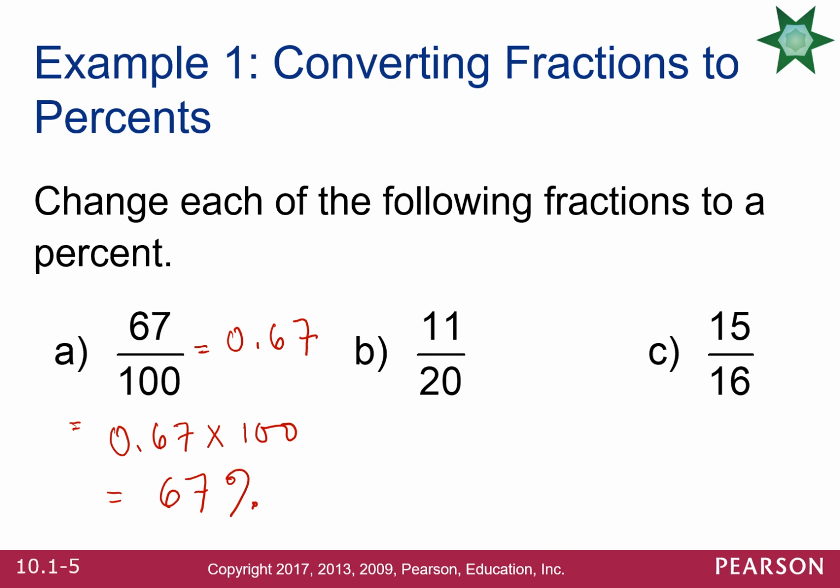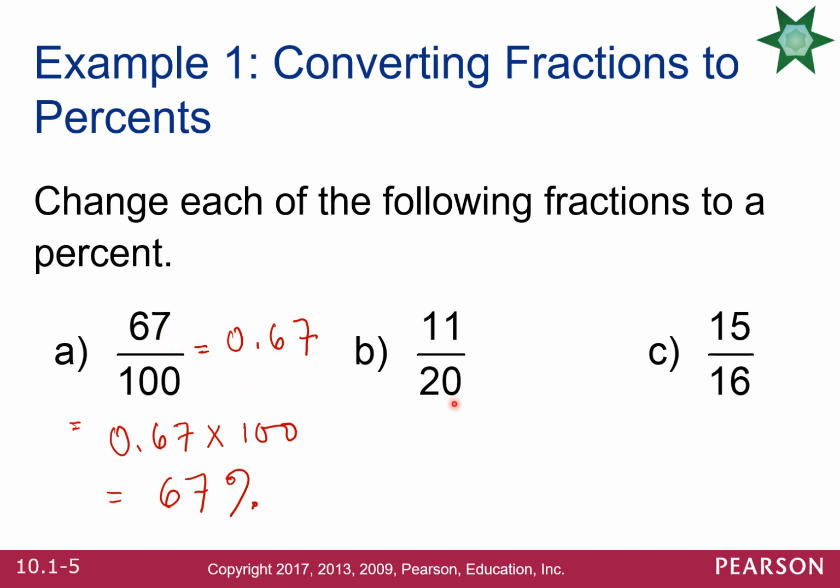However, whenever the denominator is 100, you don't need to do this division because you will end up with the same result. Just take your numerator, 67, and write it and put the percentage next to it.